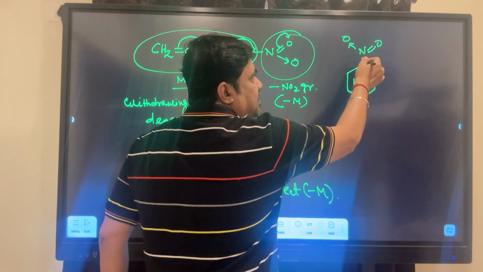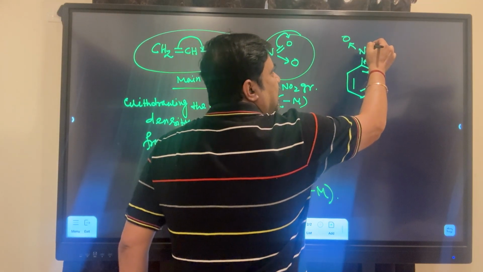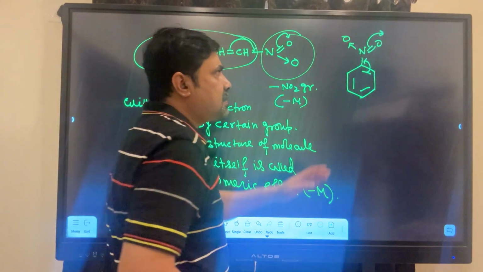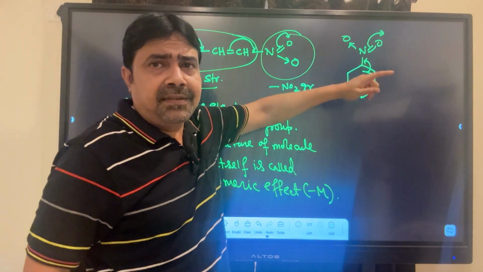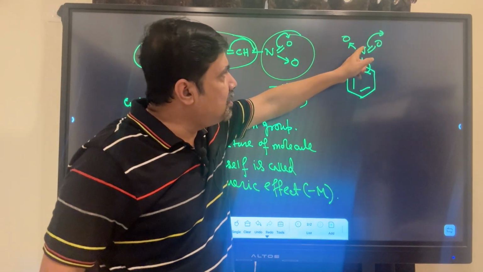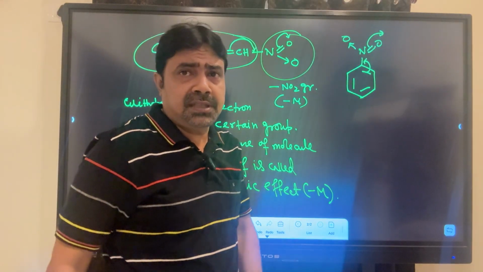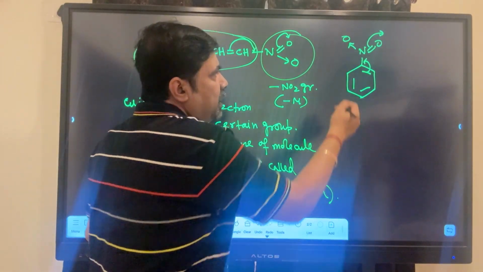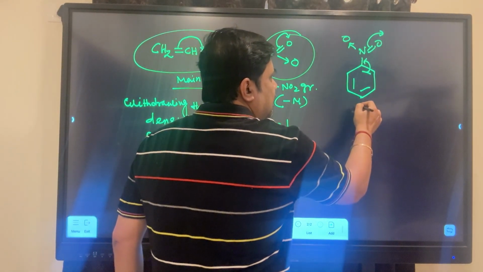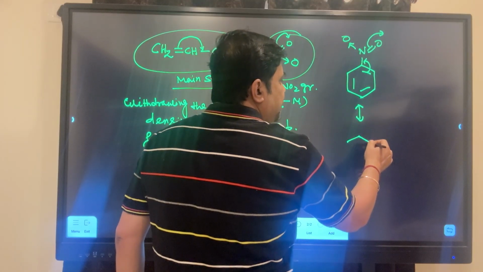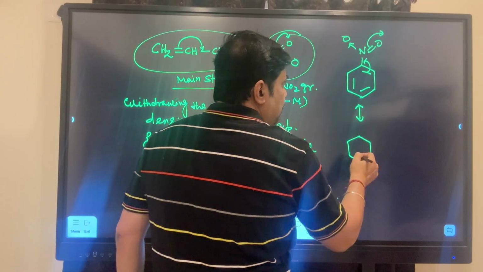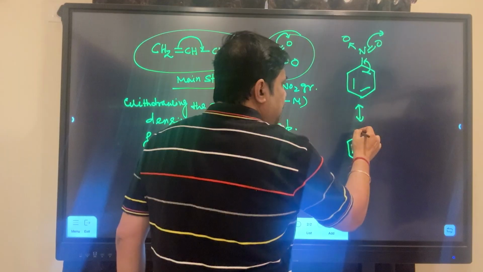Now this first takes the electron to this one and this is going. That means first stage, what is happening? Two shifts are happening. First this pi electron is coming towards the nitro and nitro is giving the electron towards the oxygen. First two shifts. And then when the withdrawal is there, the electron density in the benzene ring will be decreased, from the benzene ring towards itself, it is withdrawing.